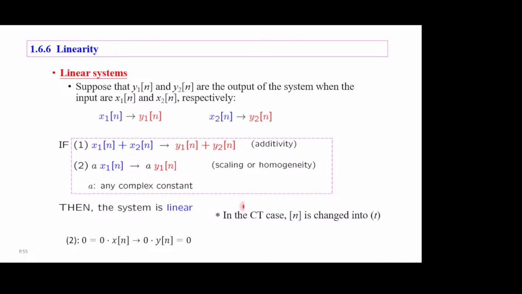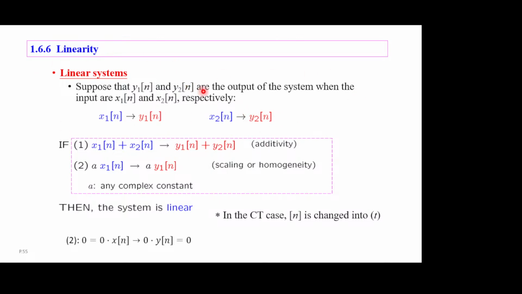And anyway, linearity is kind of what you expect. So it means that it has two things. It means that you have two different inputs and you add them together. Then the output will be the corresponding outputs added together. So let's go through this more carefully.